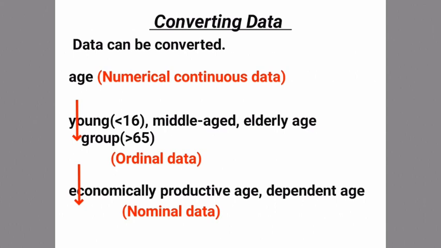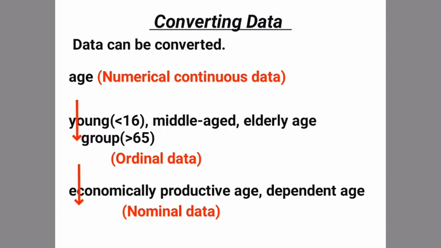But now, if the original data is age group, we only know the age group of each person. Maybe the young group, maybe the middle-aged group. We just know the age group of each person. Now it is impossible for us to get the exact age value for everyone.